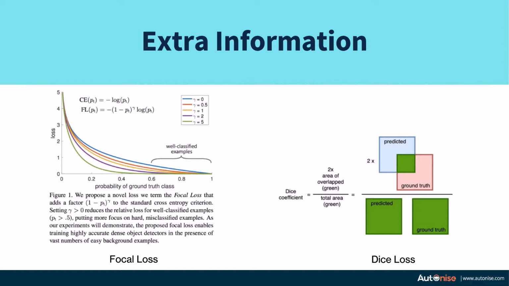So depending upon your task, you can change the values of your gamma, and if you get better results, then you continue on with that corresponding loss. So there are a lot of losses, and depending upon your task and your requirements, you will have to experiment and find out which works good for you.